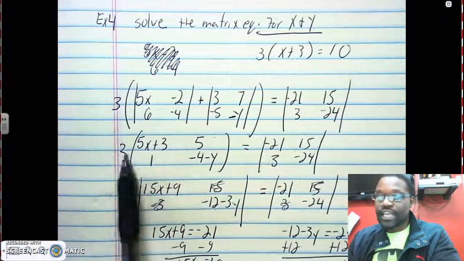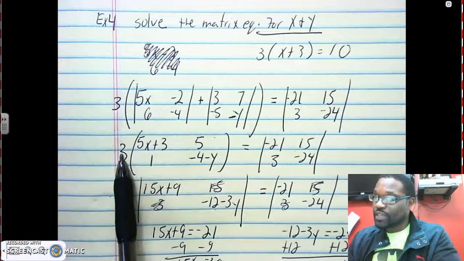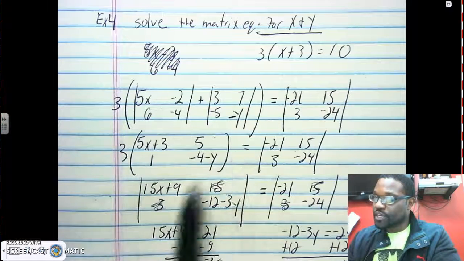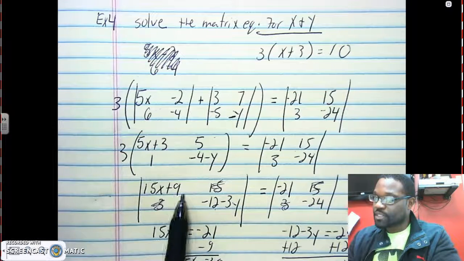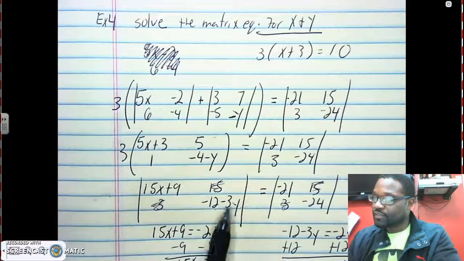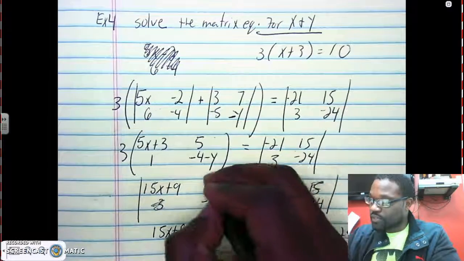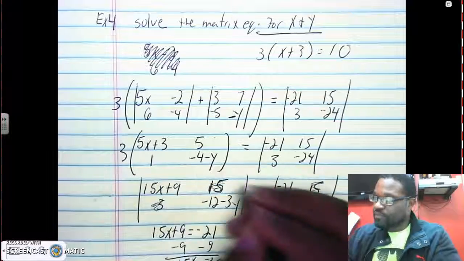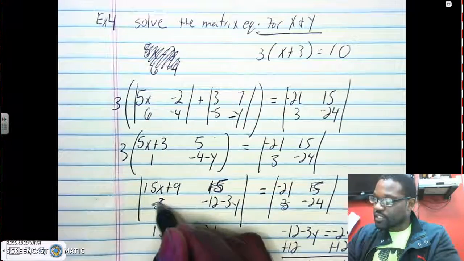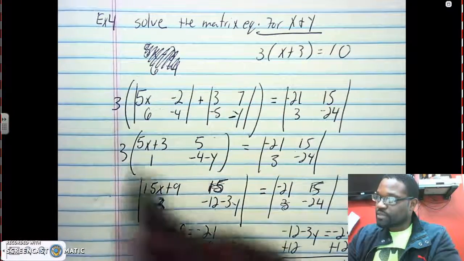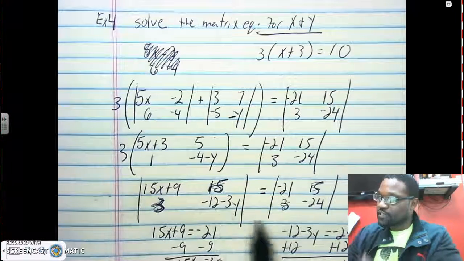And now I use the scalar multiplication by doing 3 times everything in here. 3 times 5x plus 3 is 15x plus 9. 3 times 5 is 15. 3 times 1 is 3. And 3 times negative 4 minus y is negative 12 minus 3y.